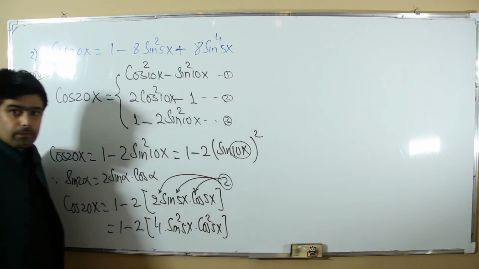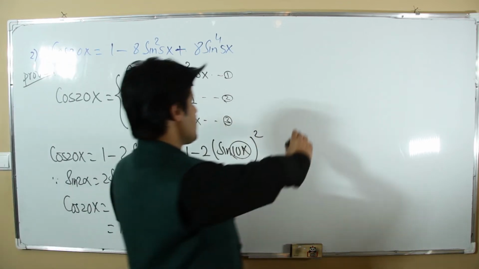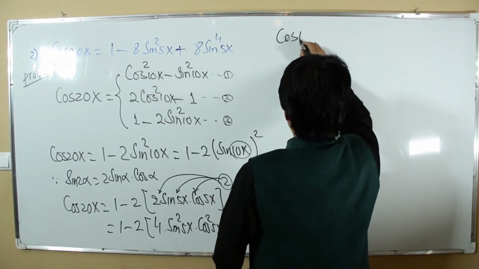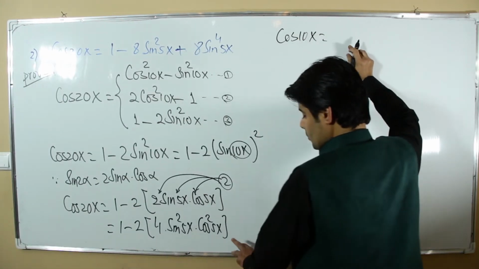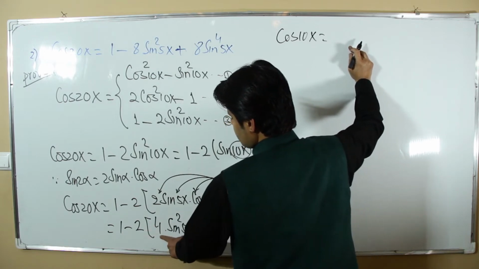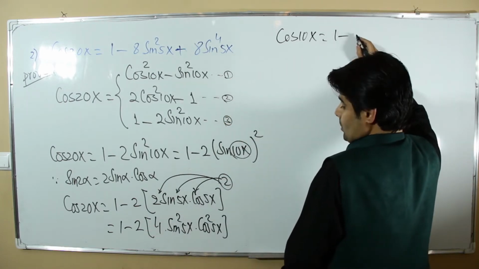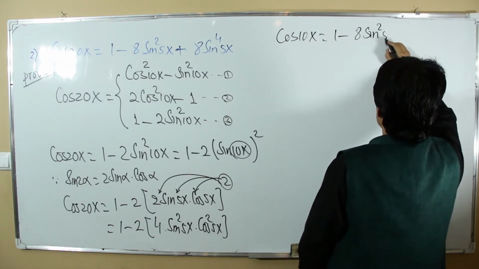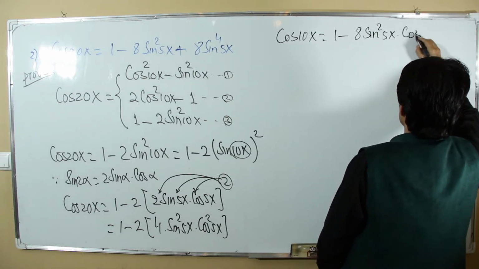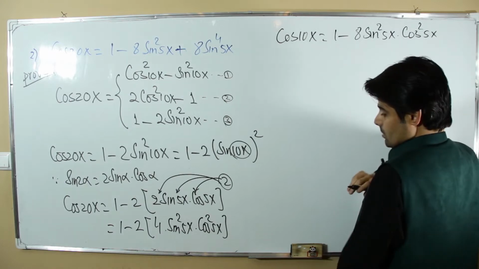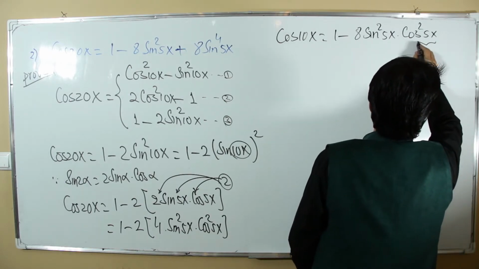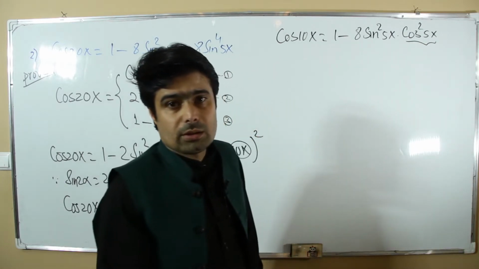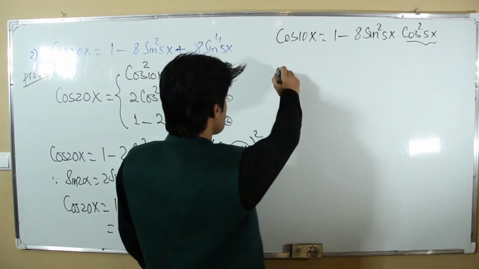Now I will open the bracket. We have cosine of 20x is equal to this 2 multiplied by this 1 minus 2 times 4, it is 8, sine square of 5x times cosine square of 5x. Instead of this cosine square, can I write 1 minus sine square? Yes, we can do.